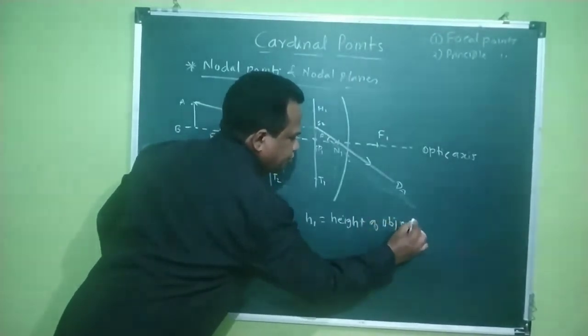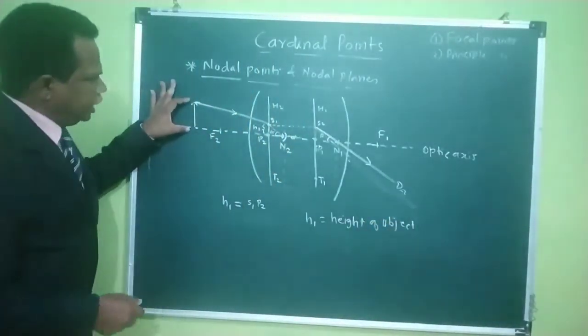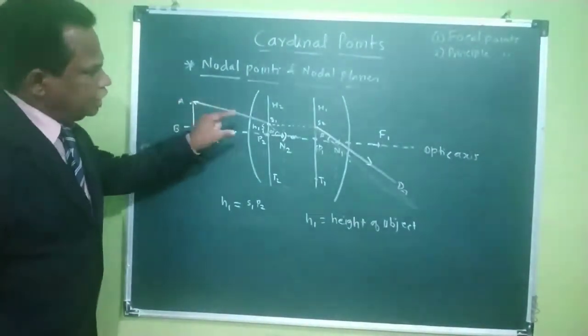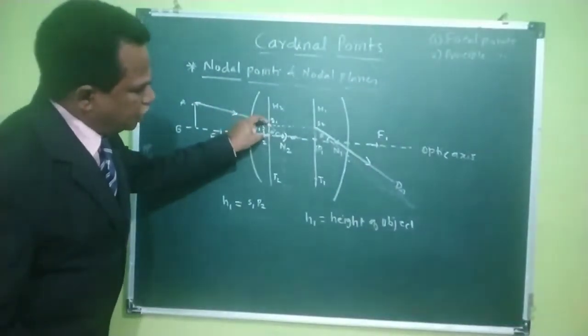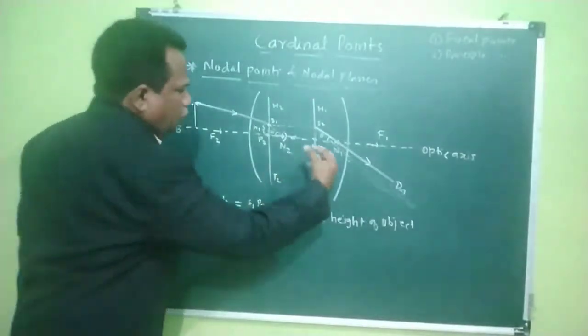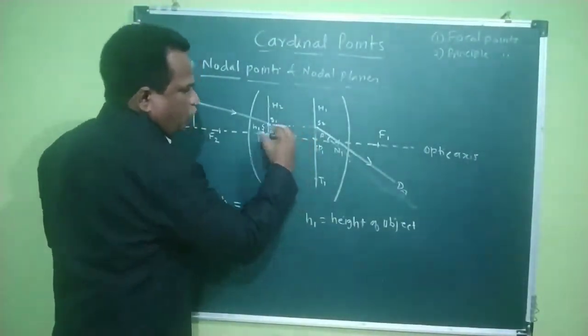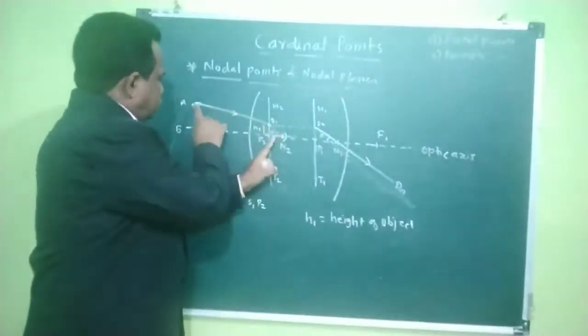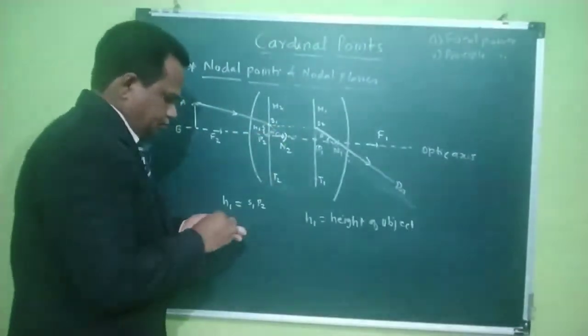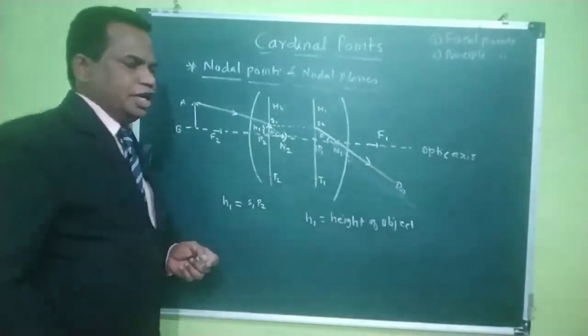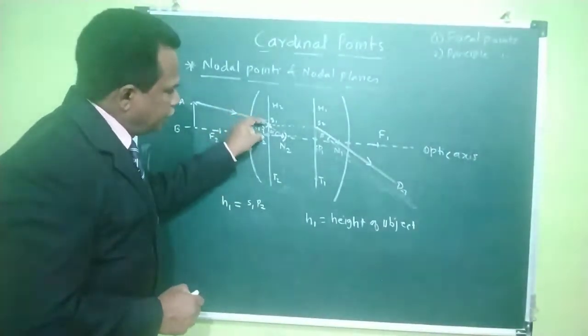Can you imagine? It is not actually AB at this height, but it is incident at a certain height h1, and therefore, if you see through this lens, putting your eye at this point, then you can observe this object here, of height h1.